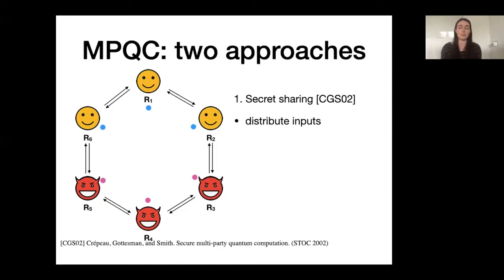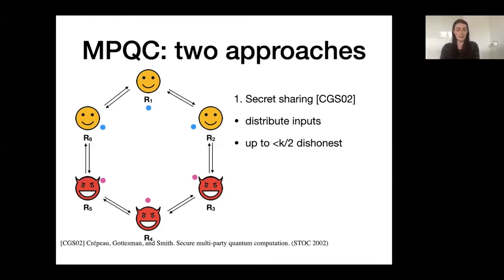So not only does it violate the privacy of player 1's input, it also violates the quantum no-cloning theorem. Because if you can recover from both the top 3 players' and the bottom 3 players' shares, we would have essentially cloned player 1's input. So MPQC protocols based on secret sharing seem to run into a barrier where only a strict minority of players is allowed to be dishonest.